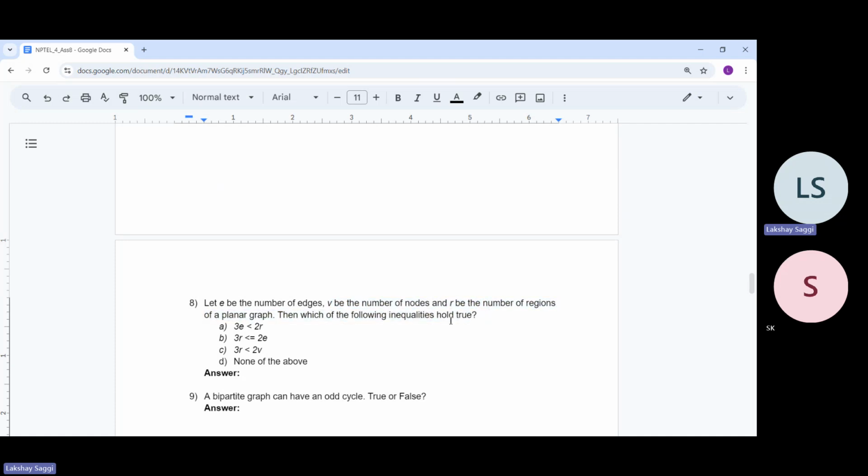Which of the following inequalities hold true? I think this should be somewhat trivial if you've seen the lectures. Would you like to guess, SK, which of these options should be correct?